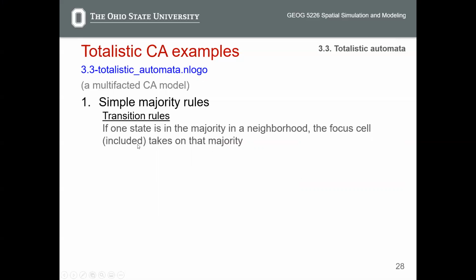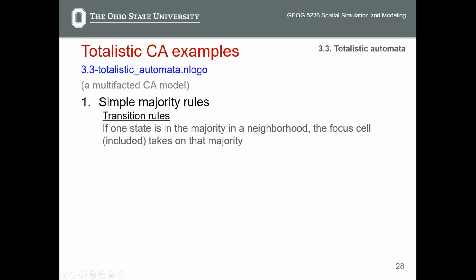What does this "included" mean? It means that when we're talking about simple majority rules in total CA, this total CA should be an outer total CA, which means that the cell itself needs to be considered when calculating the sum of the neighbors.